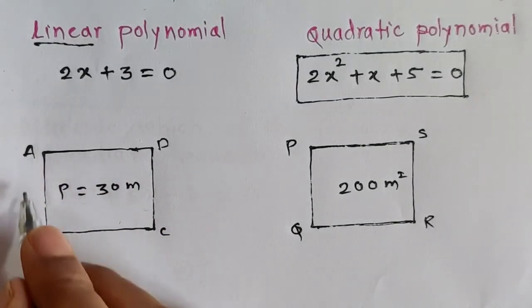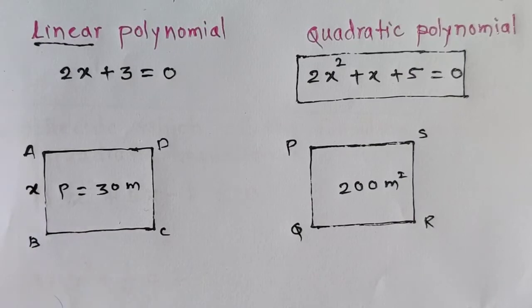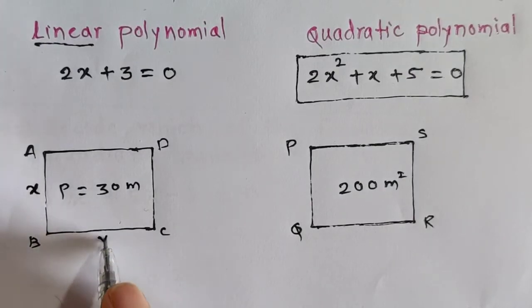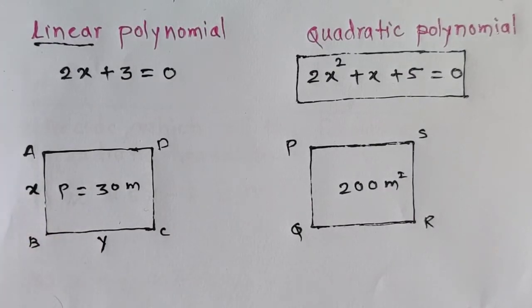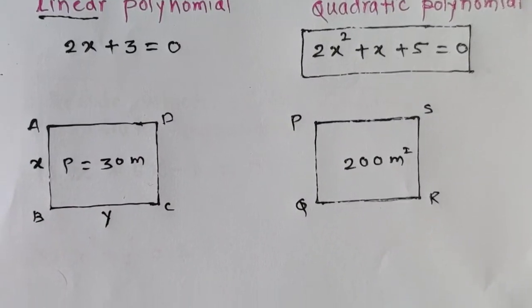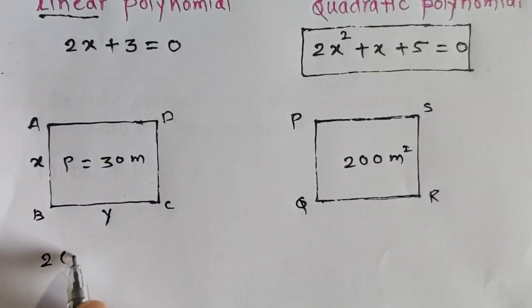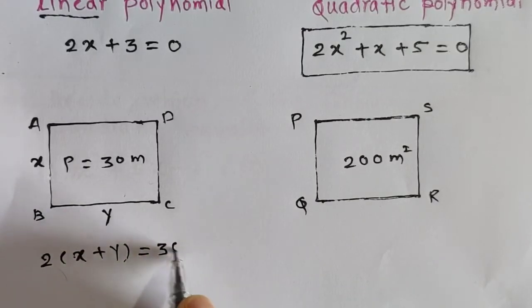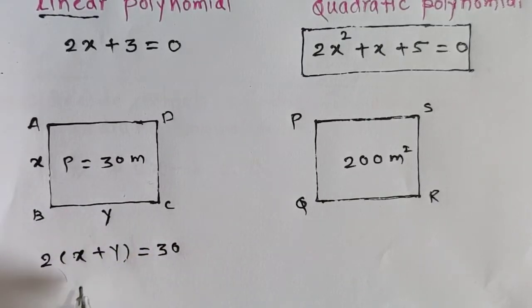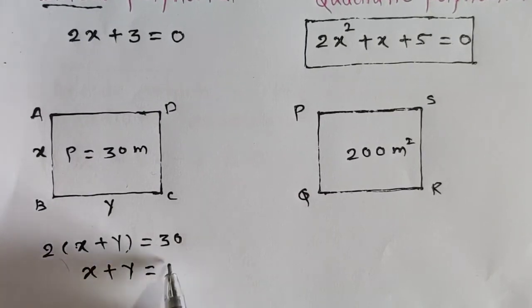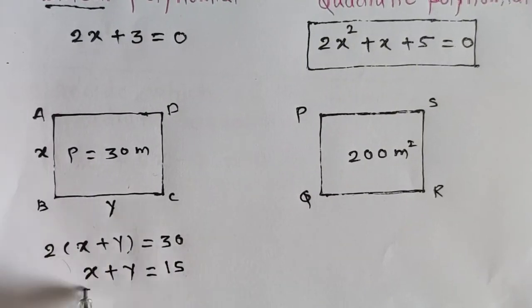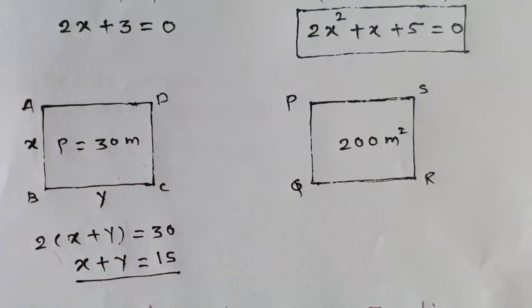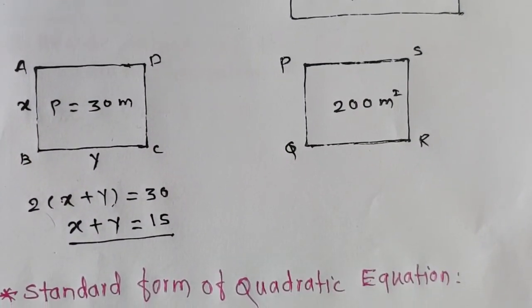In this example, if we consider x as the breadth and y as the length, then we can write the perimeter: 2 into (x plus y) is equal to 30. Divide by 2, we get x plus y is equal to 15. So this is a linear equation in two variables.